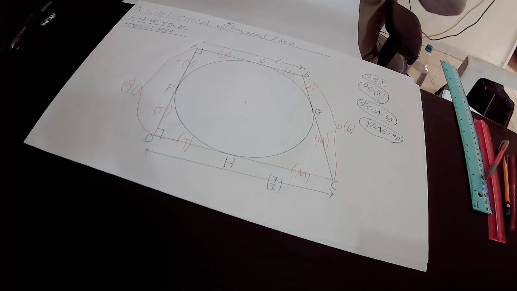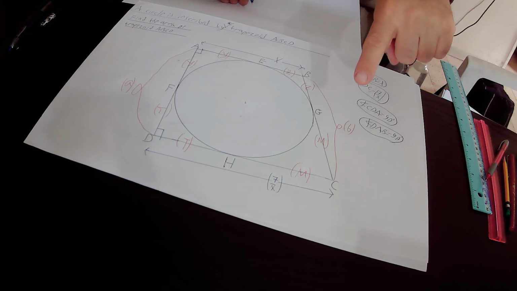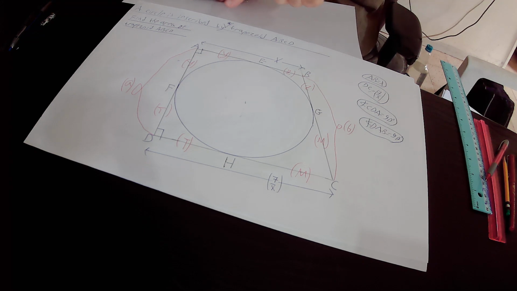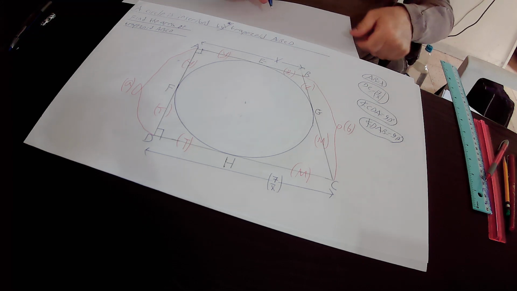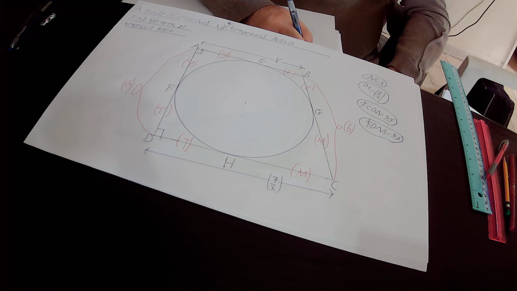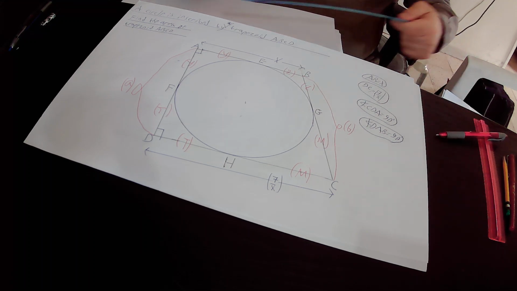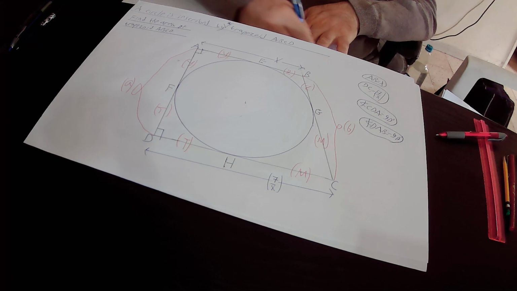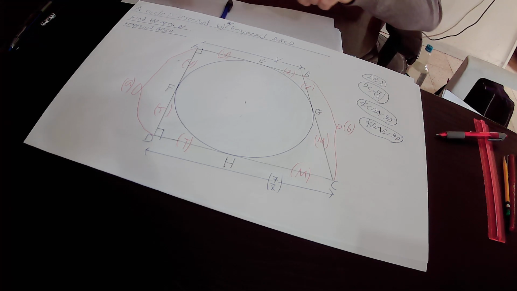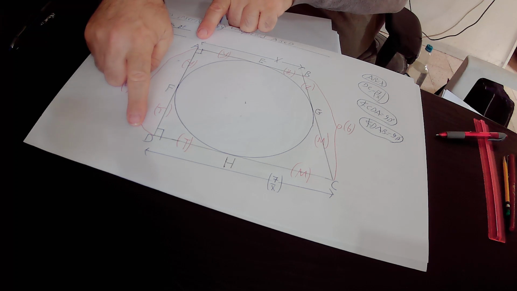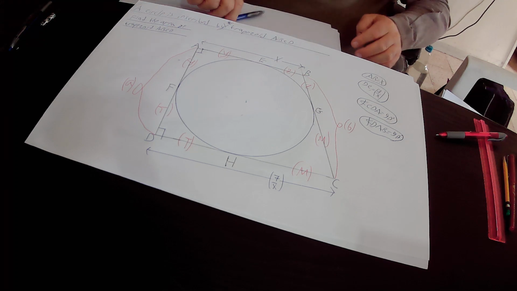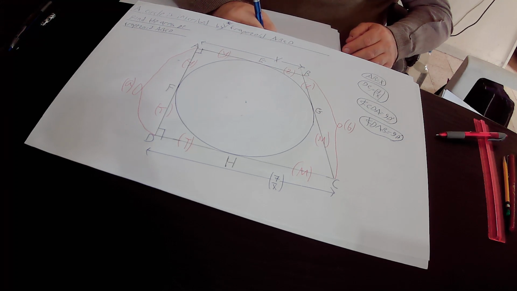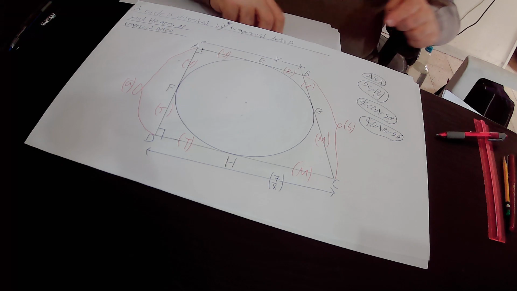Likewise, we look at side AD and the opposite side BC of trapezoid ABCD. So what is the value of AD plus BC? AD equals Y plus T, plus BC.